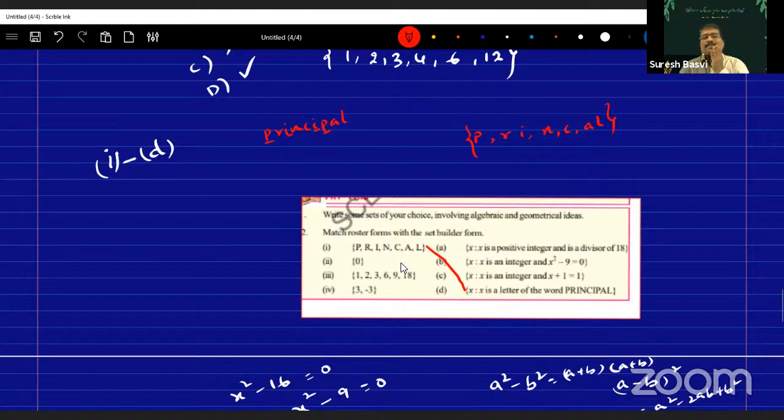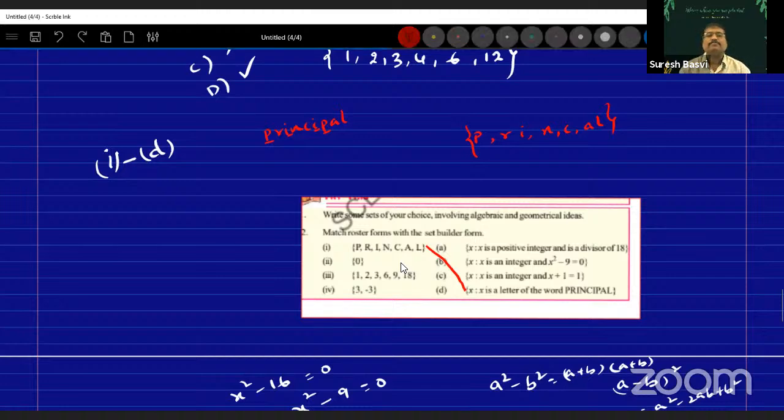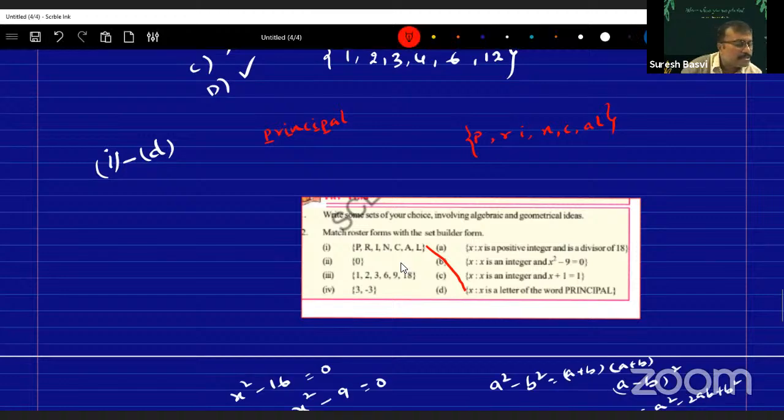Right. Okay. Next, what is the second question answer? Mr. Boga Venkateshwar said that the second is B. X is an integer and x square minus 9 is equal to 0.